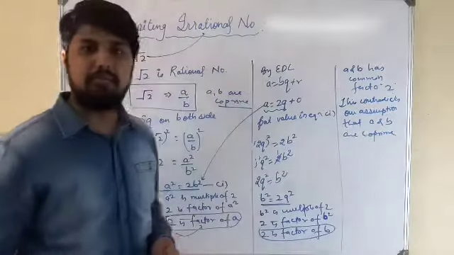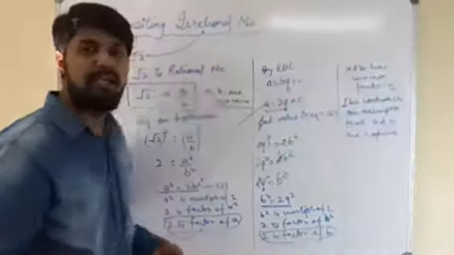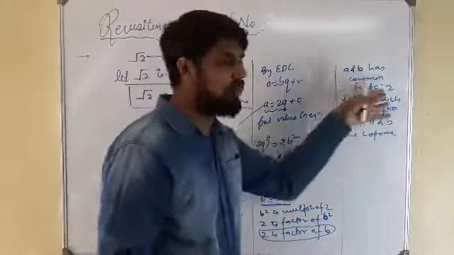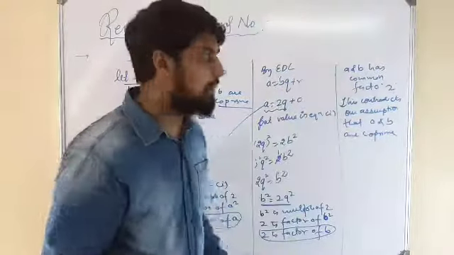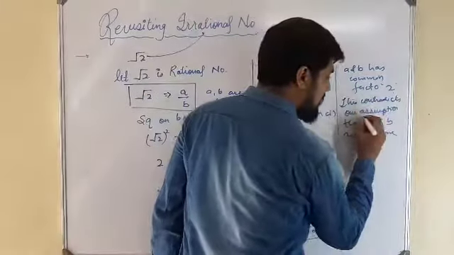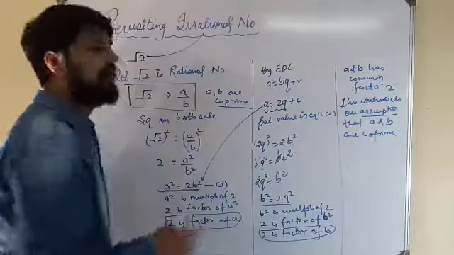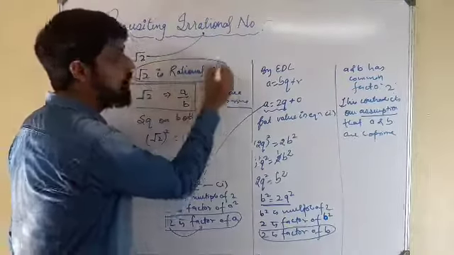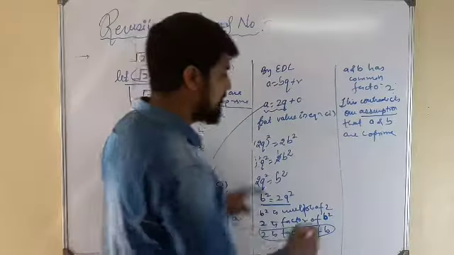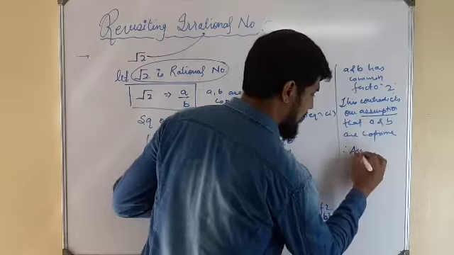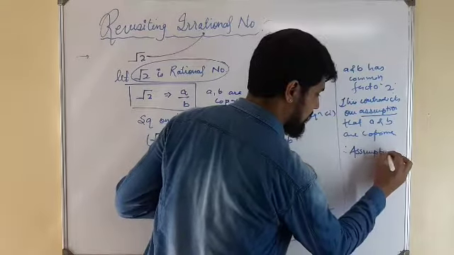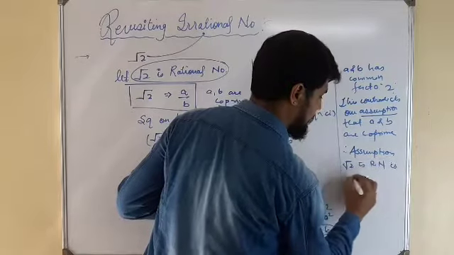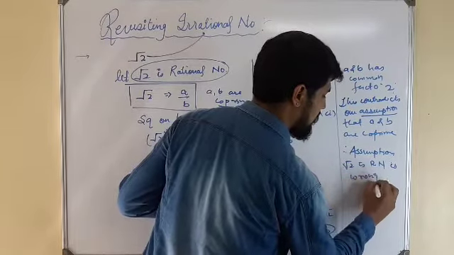This contradicts our assumption. That means whatever our assumption was, that is wrong. We assumed that a and b are co-prime, but here by calculation we can see that a and b are not co-prime. Why is it contradicting our assumption? Because our assumption that root 2 is a rational number is wrong. Therefore, the assumption that root 2 is a rational number is wrong.